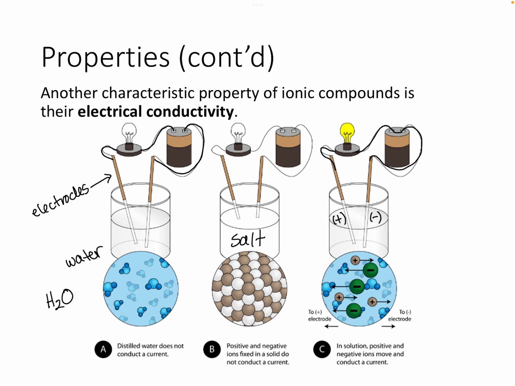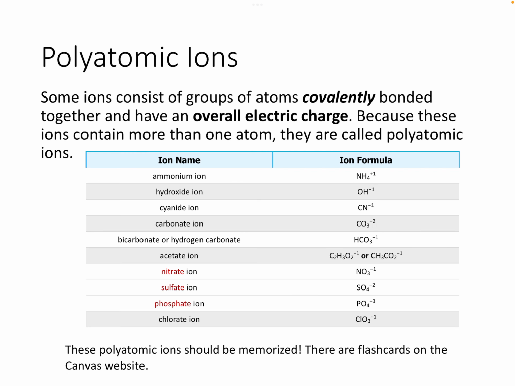All right, so now that we've talked about some properties of ionic compounds, let's talk about a special type of ion called a polyatomic ion. So far we've just looked at single atom ions, right? So sodium plus, chloride minus.